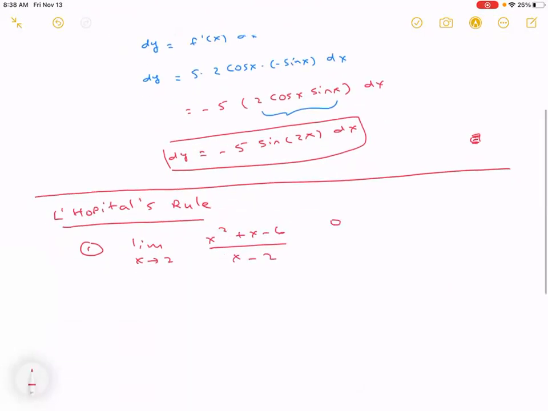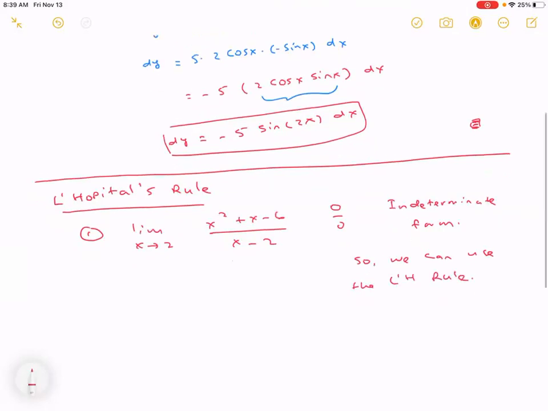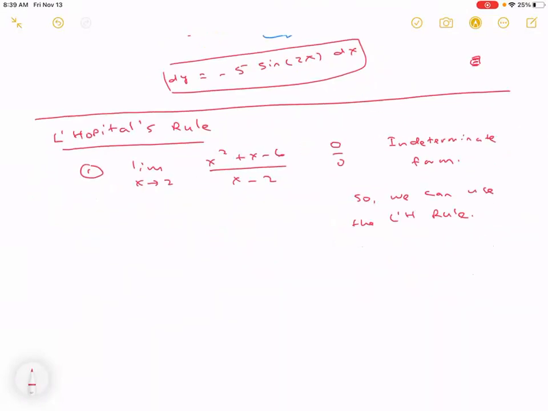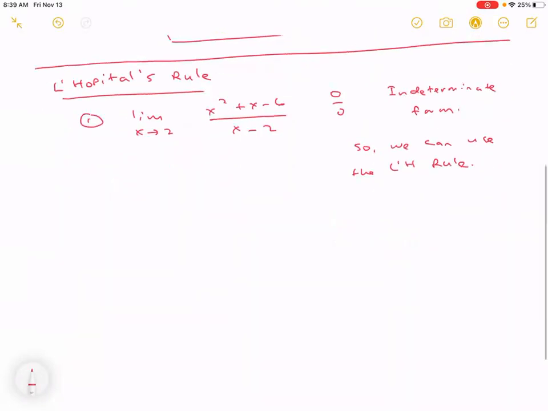So this is 0 over 0, indeterminate form. So we can, not we must, we can use the L'Hopital's rule. Okay? We don't have to. I just show you. We can just factor the top and bottom, and we can now look at similar problems.